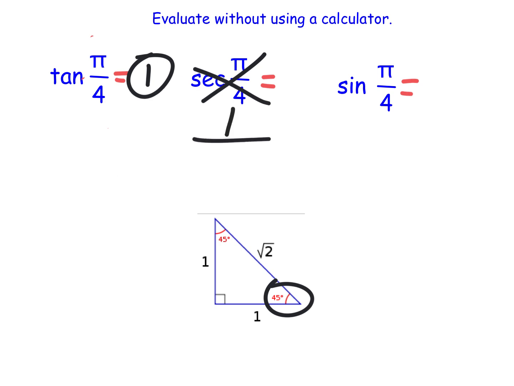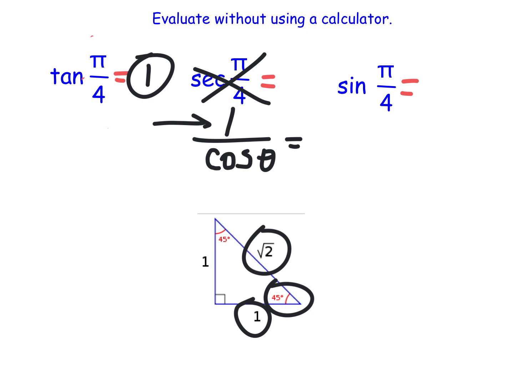1 over, and then secant. I'm going to choose to not do secant, but it's cosine, really. Why did I put the 1 over there? To remind me that I'm not just going to do cosine, I'm going to flip it. Do you remember putting 1 over something flips it? It's just a reminder, don't forget to flip it at the end. Because if all I do is cosine, which is adjacent over hypotenuse, 1 over root 2, then I'm going to forget to flip it.